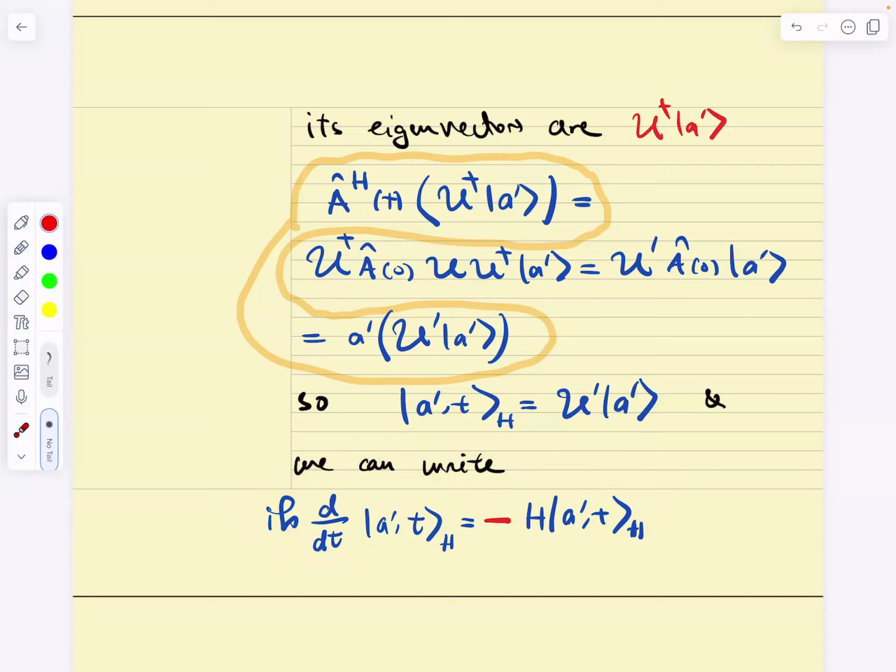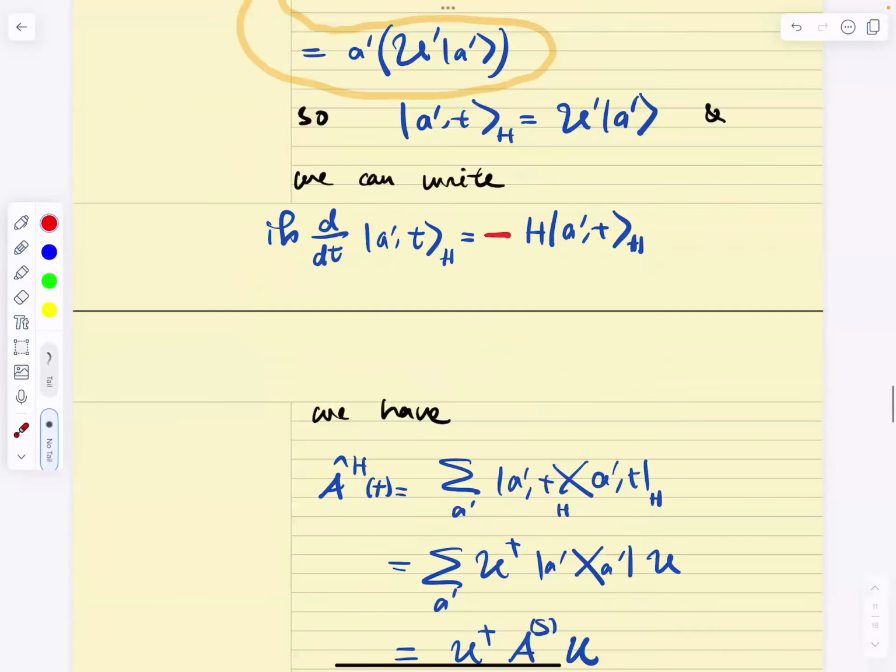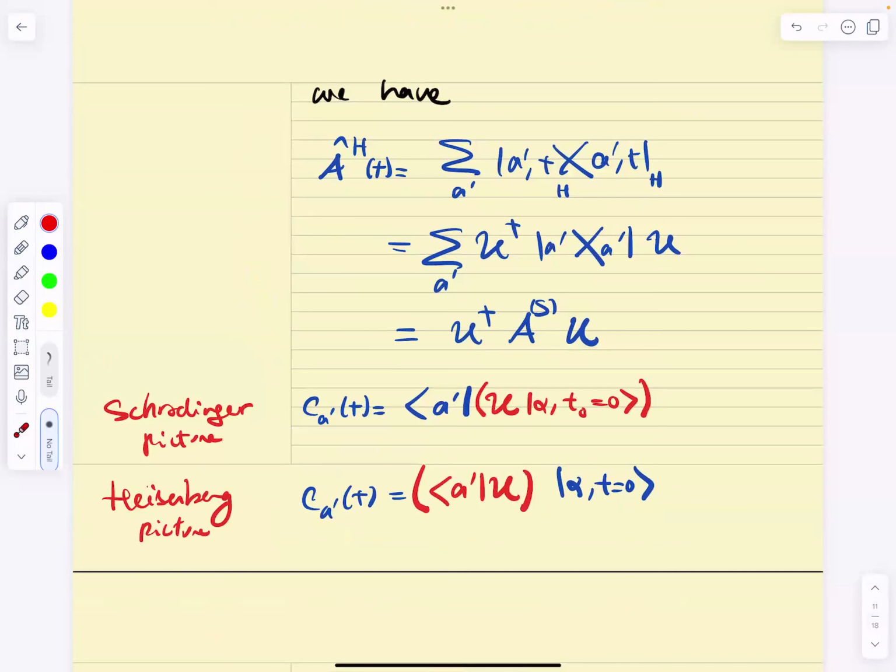It's the same minus sign I picked up in classical physics when I was doing the phase space Poisson bracket, and I did the manipulation that brought the Poisson bracket from observables to the states. We almost never do this. All right, but this slide is important. So if A is an observable, will it remain an observable at later times?